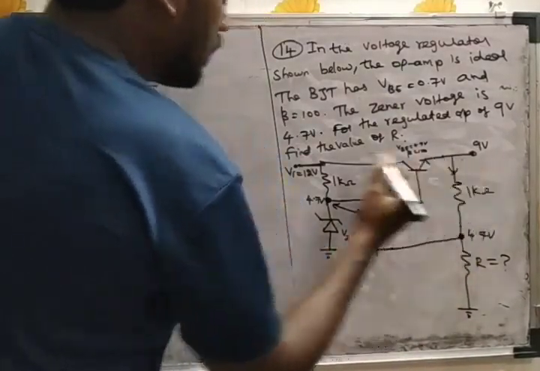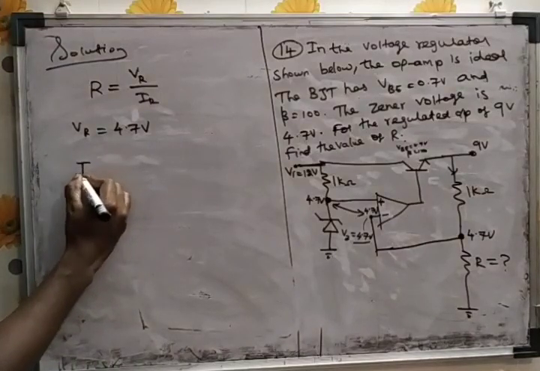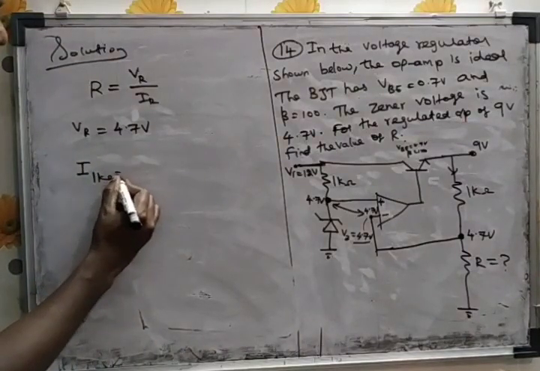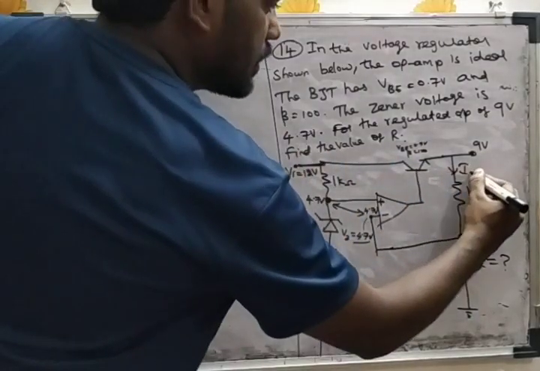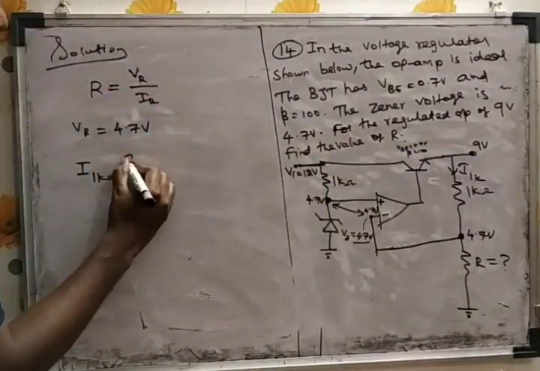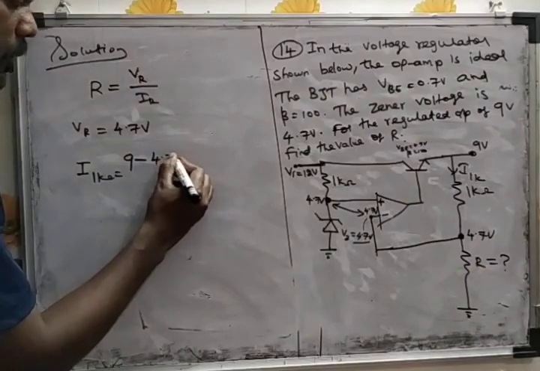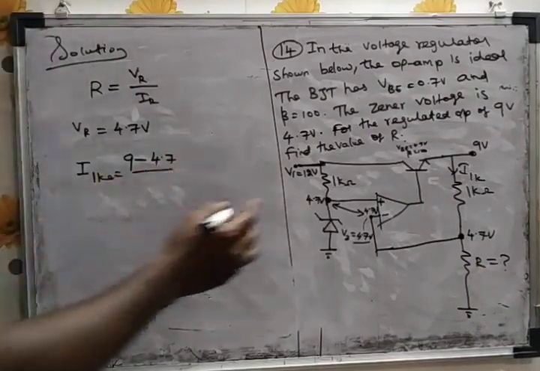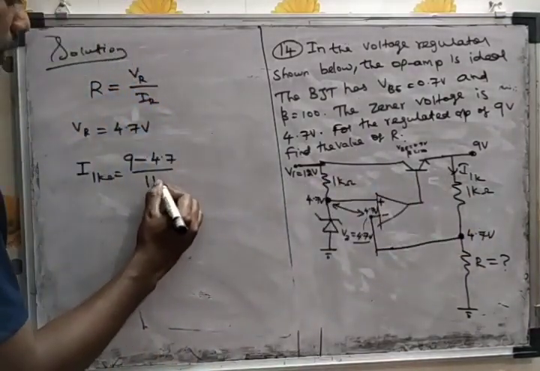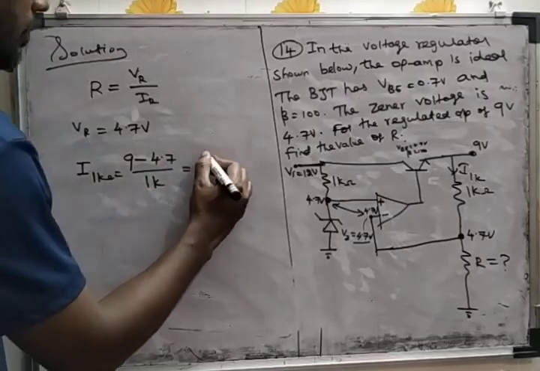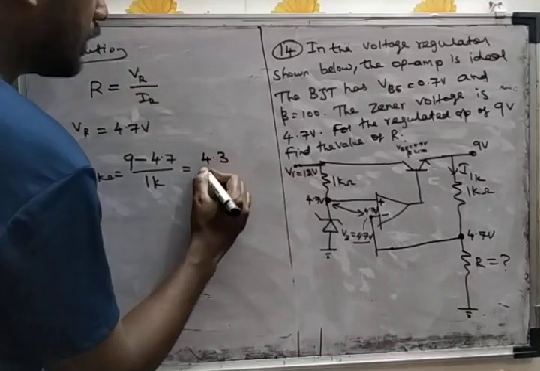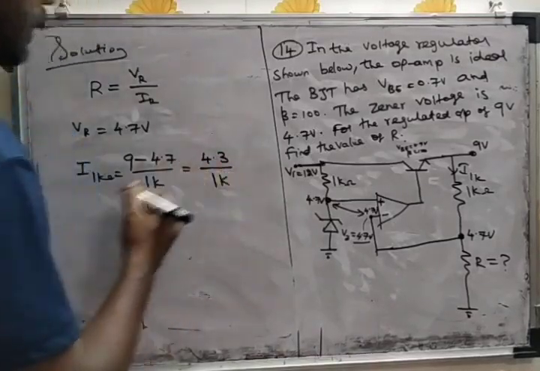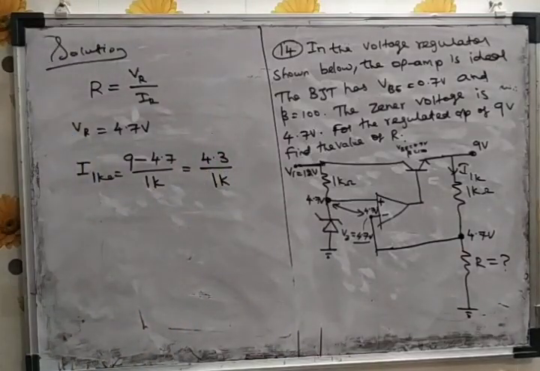So the current flowing through the 1 kilo ohm resistance, I1K, is 9 minus 4.7 by 1k. This is equal to 4.3 by 1k.